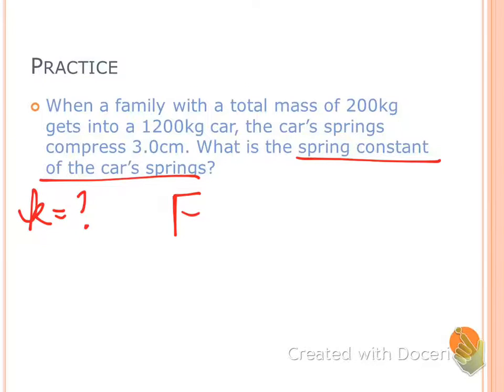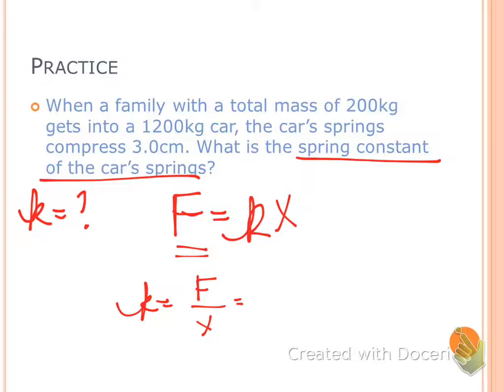If we want to solve for k, we're going to take the force due to gravity of the family. Okay? So we'll rearrange k equals F over x. 200 times 9.8 over 3 centimeters, which means it's 0.03 meters.